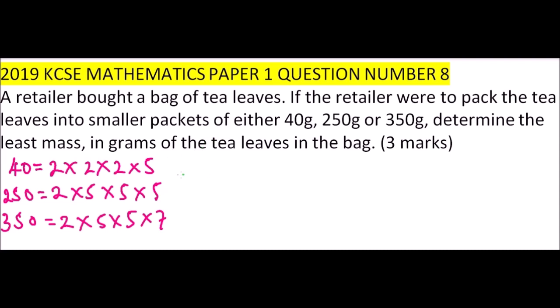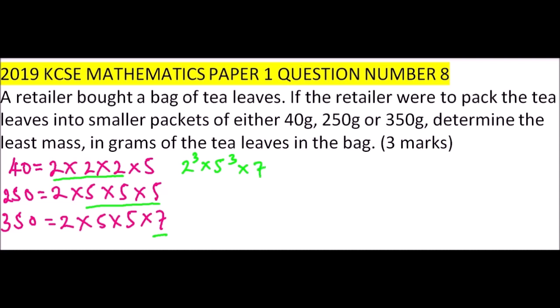To get the LCM, we normally take the prime factors with the highest index. So if it is 2, we take 2 to power 3, you multiply by 5, here is where we have 5 to power 3, and we have only one 7, so you multiply by 7.